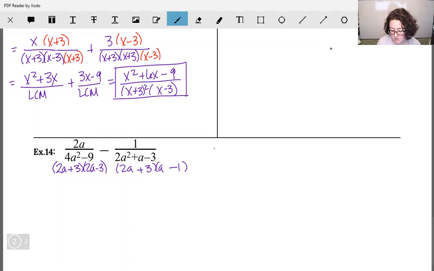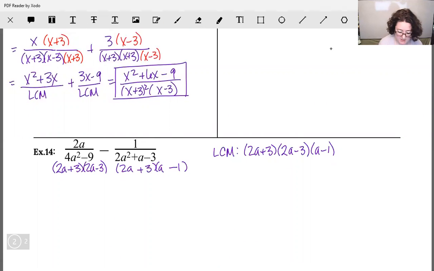So my least common multiple, my LCM, all the factors I need, well, I need a 2a plus 3. I need a 2a minus 3. But now look at your second denominator. What's the only factor we're missing? A minus 1. So now we're going to rewrite multiplying in what's missing.